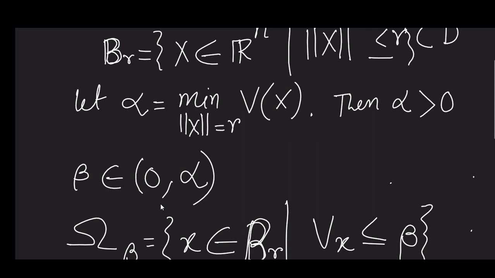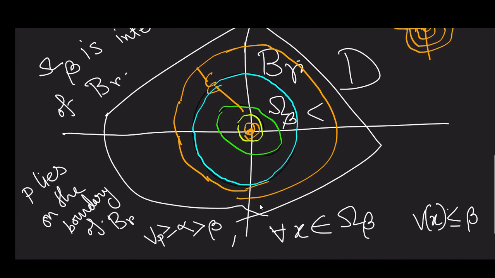Now why is that? If we did it like this, what change would happen? The change you can expect is that this inner closed region denoted by omega b may touch BR at some point where BR gives you the minimum energy point alpha.